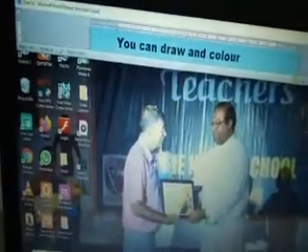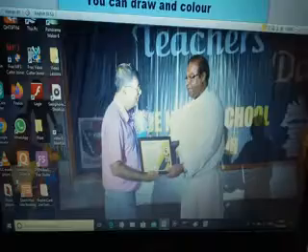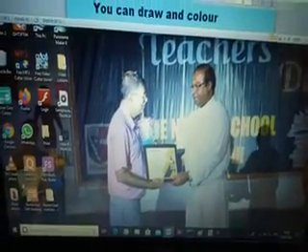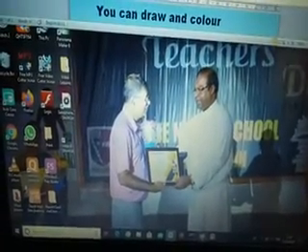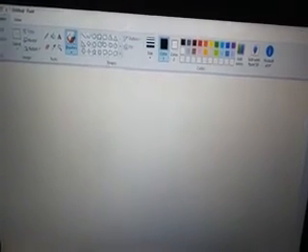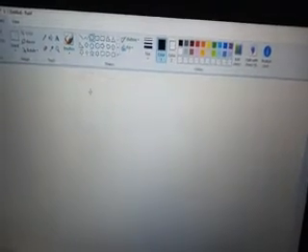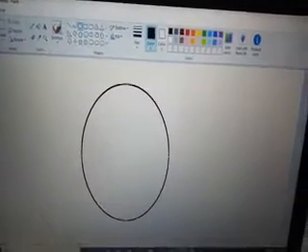To draw and color, we use something called Paint program. Okay, this is the program for drawing and coloring. You can draw circles, rectangles. Let me draw a face.